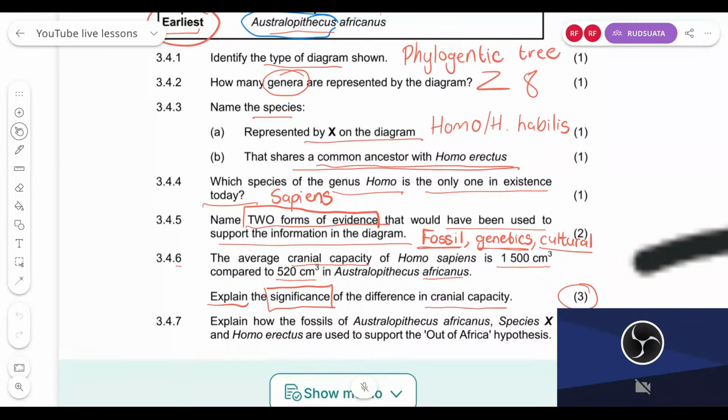Again, this is an explain question, so we're going to need a statement with 2 reasons or a cause with 2 effects. But there's that mystery word again, significance. Again, I want you to just pretend like it's not there and think of the word consequence. What is the consequence of the cranial capacity being different in size? What's the product, right? What's the outcome of this?